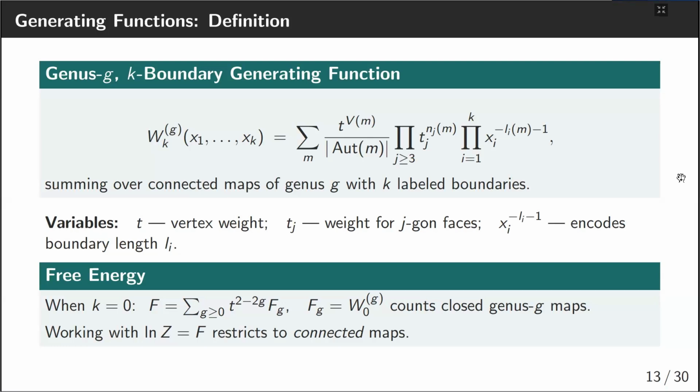So we define the free energy. When K is equal to 0, F is equal to this expression, and F_g is equal to W_{g,0}, which counts closed genus G maps. We're working with log of G equals F, which restricts to connected maps.